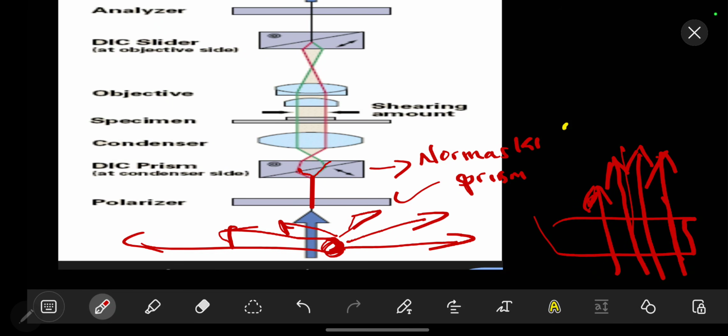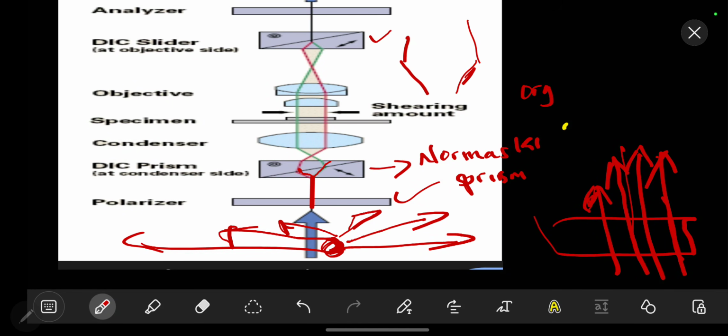What we mean by coherent is that it maintains the same distance throughout. Not only that, but the light is also split orthogonal. When we say orthogonal, we simply mean it is split at right angles. So that's the function of the Nomarski prism: number one, to divide the rays of light into two, and also to recombine.